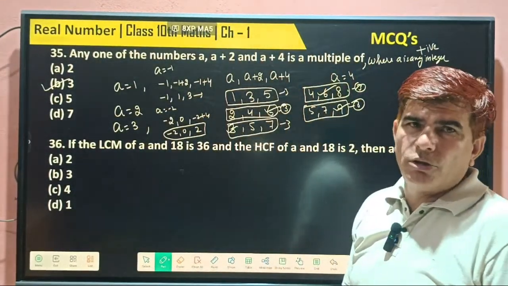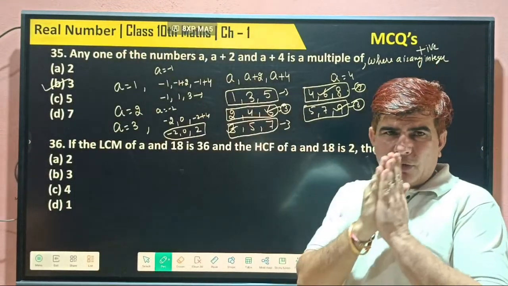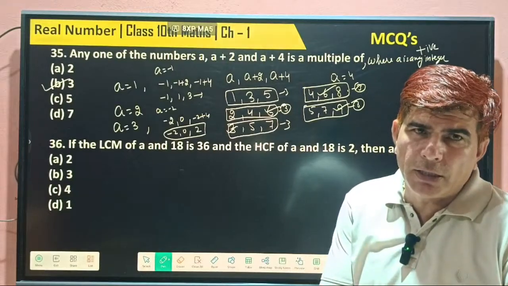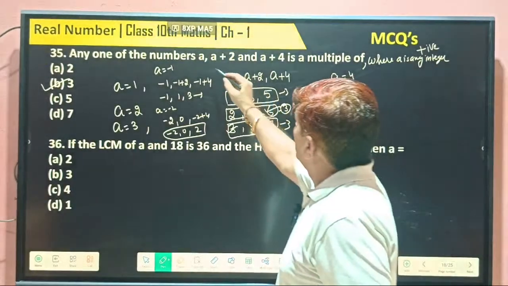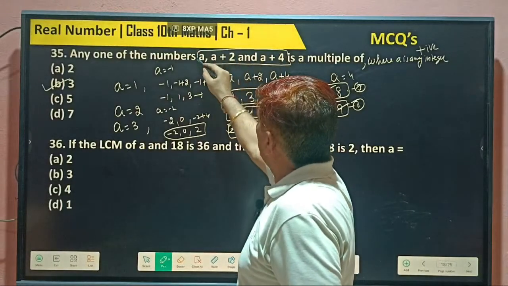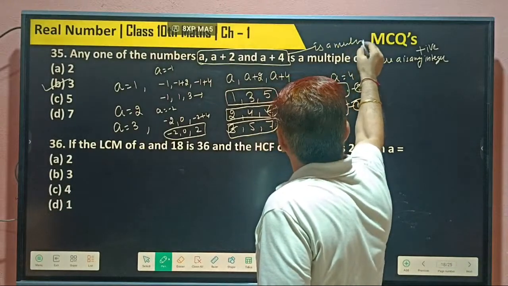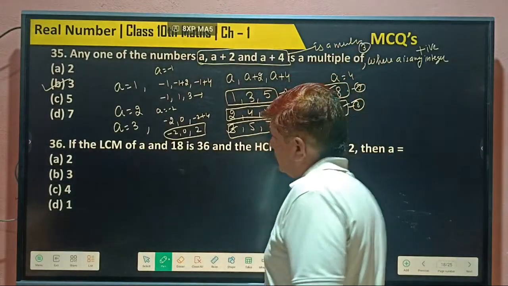I think understood. This is saying that if a is any positive integer, then any one of these is a multiple of 3.